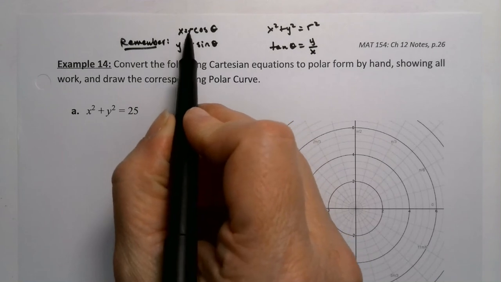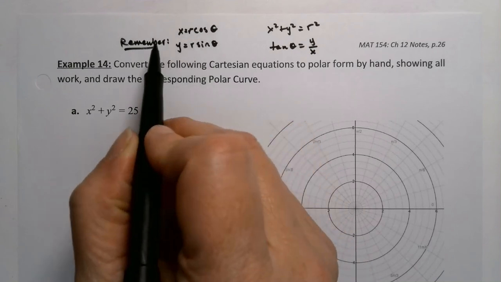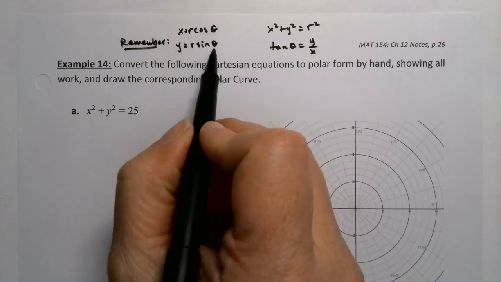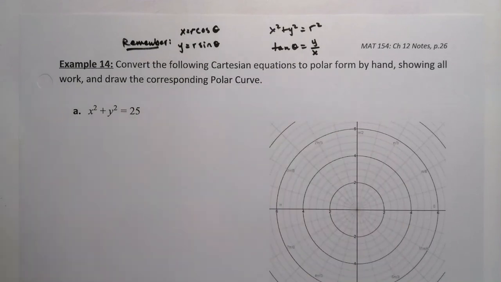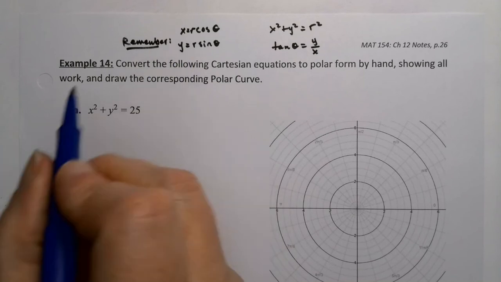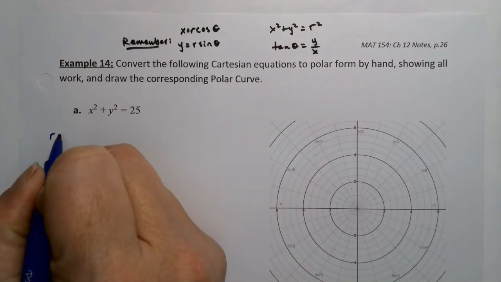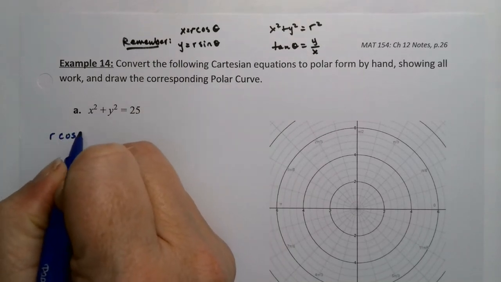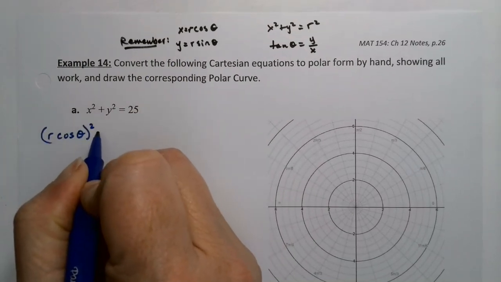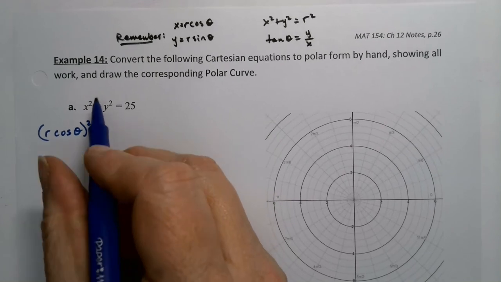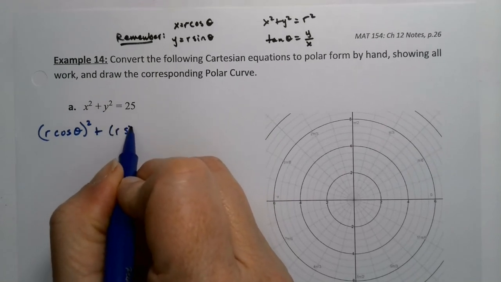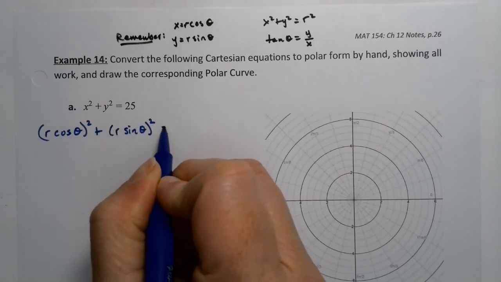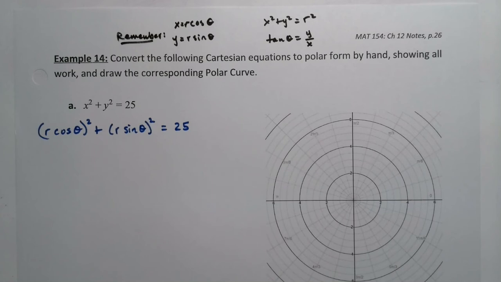So x is equal to r cosine theta, y is equal to r sine theta. Now we could just hop right to here, but I want to show you that this will work out and kind of derive this formula as I go. So if x is r cosine theta, then x squared is r cosine of theta squared plus, if y is r sine of theta squared, and that's equal to 25.